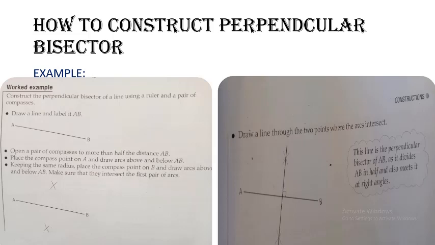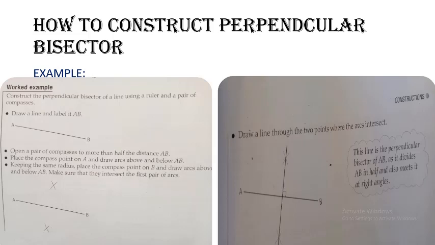Now you are going to place your compass point on B and draw an arc on top of the line, making sure that this arc intersects the first arc. Then draw another arc below the line and also make sure that it intersects the first arc. Then you are going to use your ruler to draw a line through the 2 points where the arcs intersect.